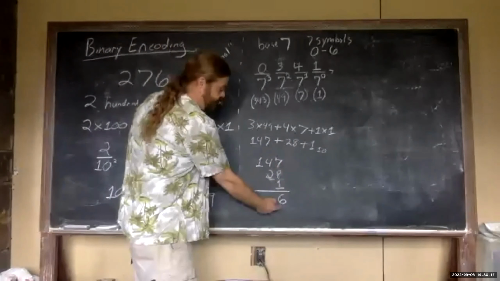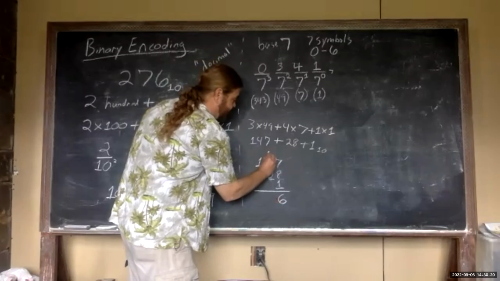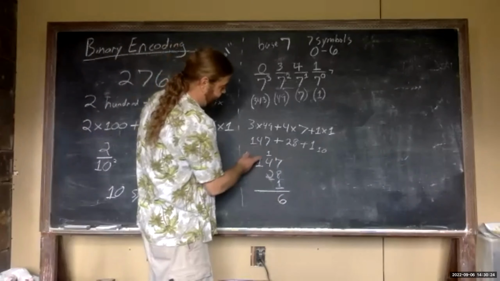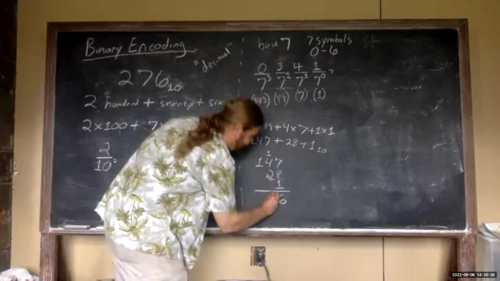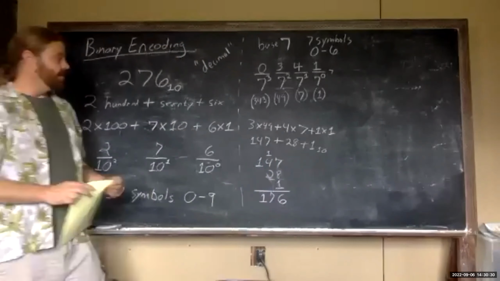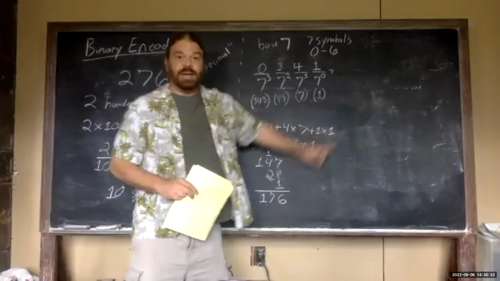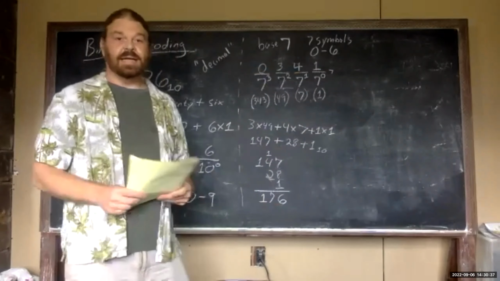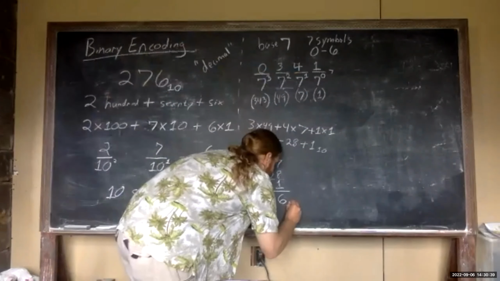So we can put our 6 in our ones column, but our 10 has to come over to the tens column. So we carry 1, plus 4, 5, 7, and then just the 1. So 341 in base 7 is the same as 176 in base 10 that we're measuring.